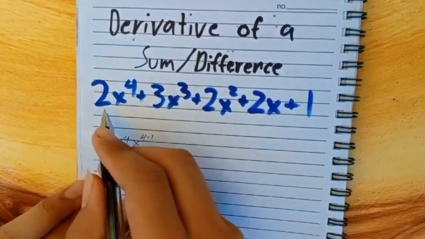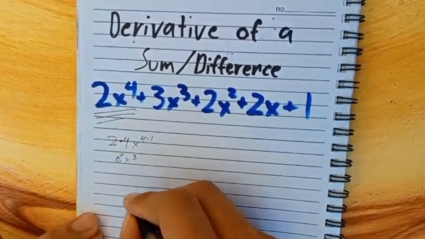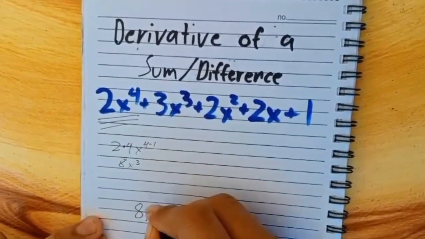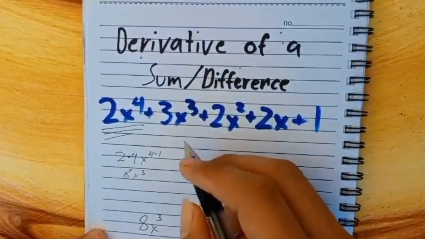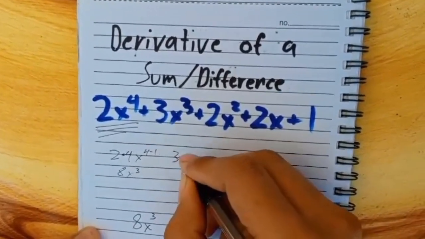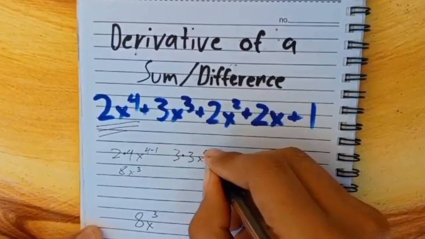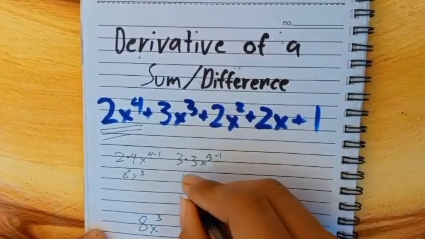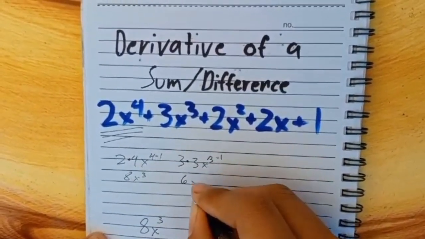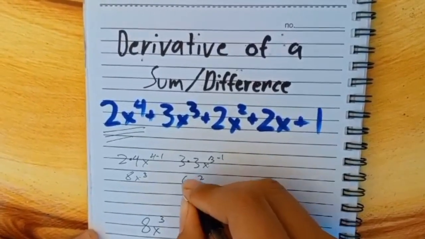Oh, we got the derivative of this one. Now 3x to the power of 3 is 6x squared. Oh, 9, sorry.